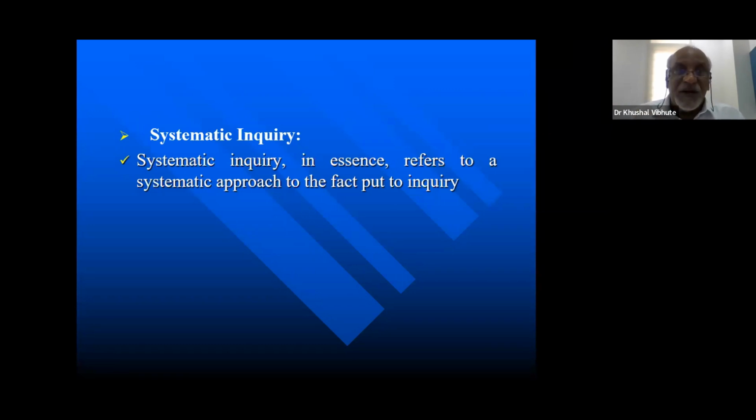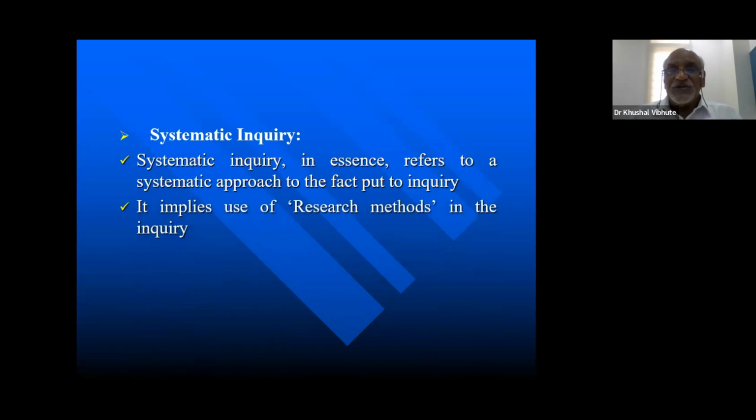It becomes systematic when you follow certain research methods. So you need to follow research methods from formulation of research problem to drawing inferences from the facts which are collected. That is what systematic inquiry implies. Research method.